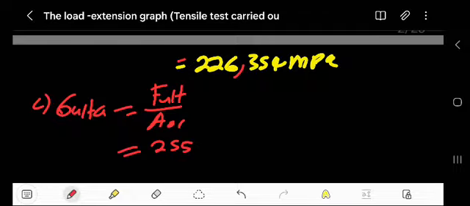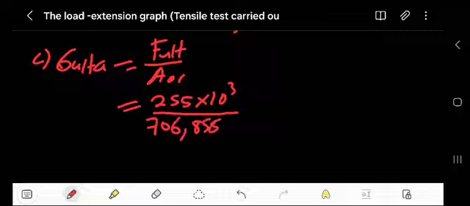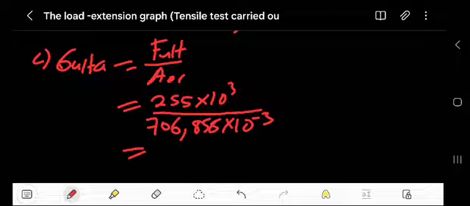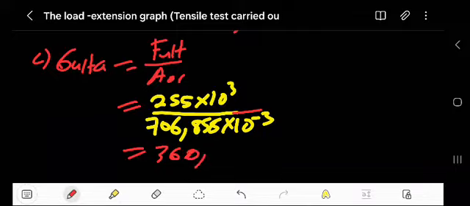Multiply by, obviously it's in kilonewton, over the original area. We've calculated it, which is 706,858 times 10 to the minus 6. Then if you punch this on your calculator, ultimate is 360,751 megapascal.